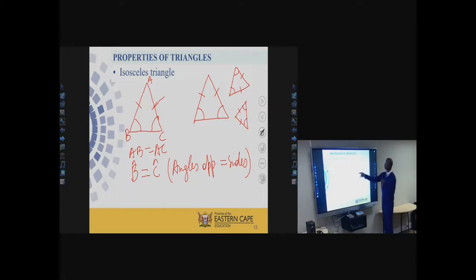So it doesn't have to be always the one at the bottom or which is horizontal. So you must always look for sides that are equal and then go to angles that are opposite to those sides. Now that was a bit of Euclidean geometry. When we do Euclidean geometry, you will just recall and say, what is it that we said, right?